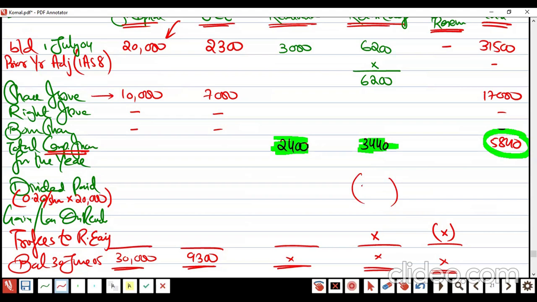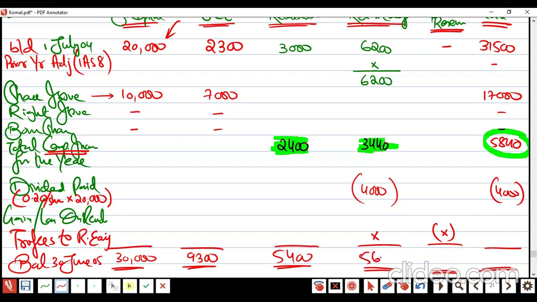The new shareholders can never be entitled for any dividend announced during the year. Only the previous year end holders, who make up the opening share capital, are entitled for the dividend announced by the company during the year.